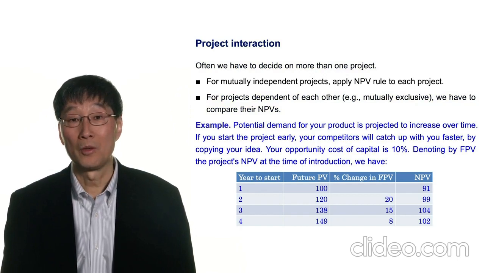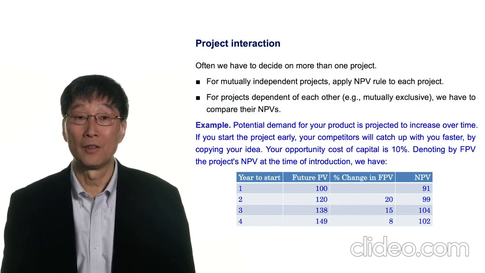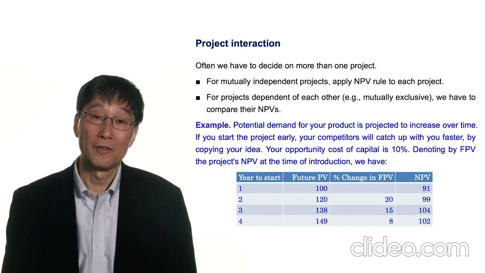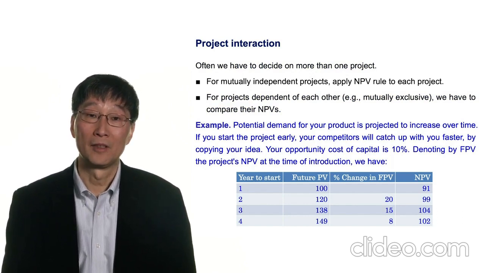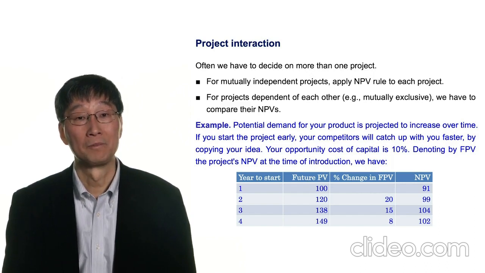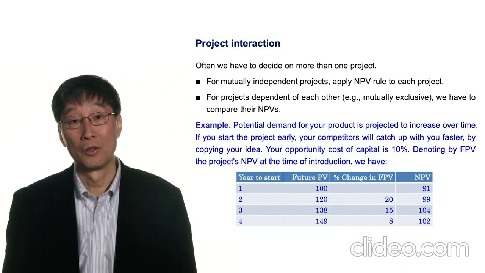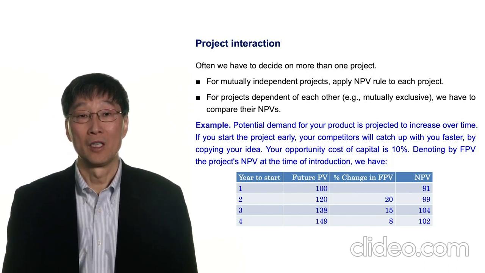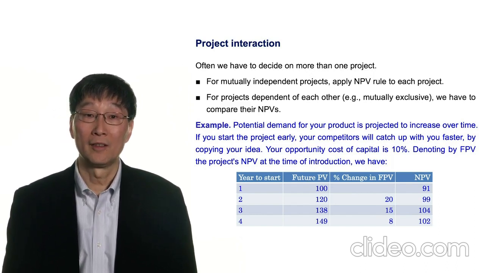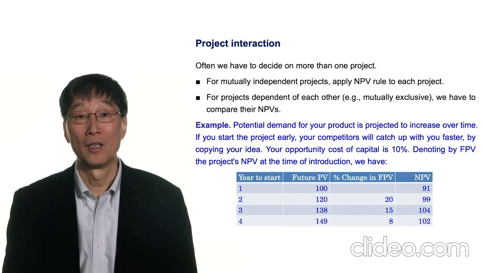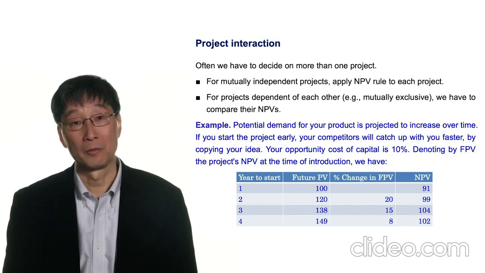To illustrate this point, let's consider a simple example. You have just developed a new product. The decision now is when to bring it to the market, say in year 1, 2, 3, or 4. If we view each choice as a project itself, then the timing decision is between a set of mutually exclusive projects.